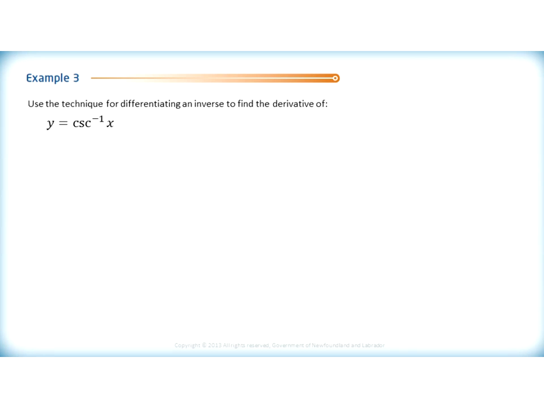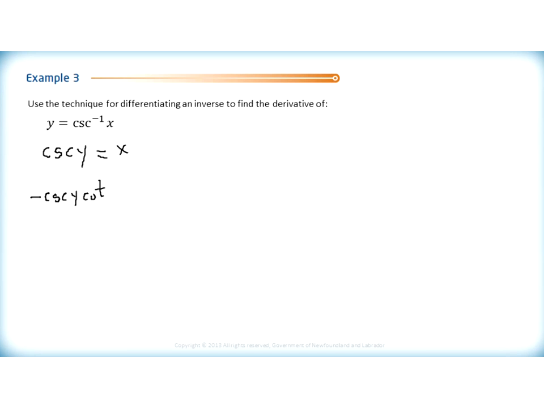Let's try the same technique this time, but let's see if we can differentiate cosecant, the inverse of cosecant, or if you want, arc cosecant. Okay, so we're going to say that cosecant of y is going to be equal to x. So when I take the derivative of cosecant, we should remember, is minus cosecant cotan.